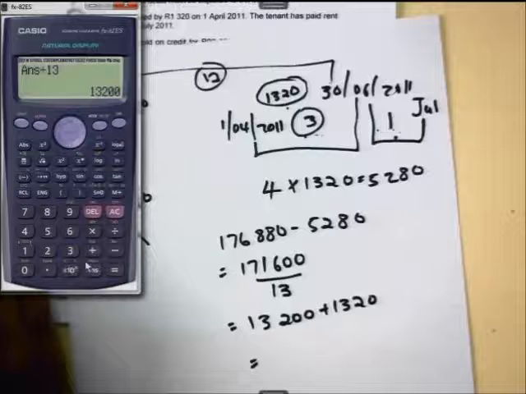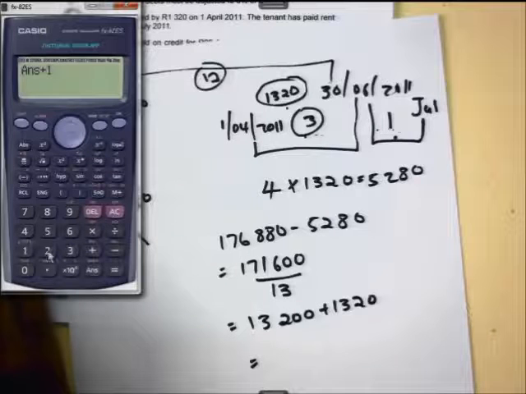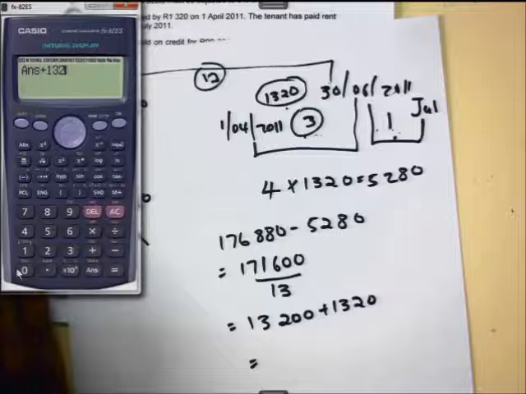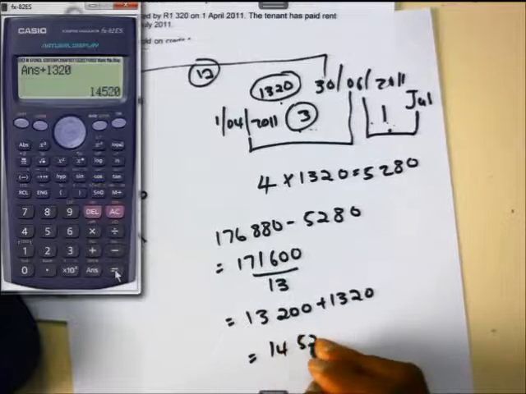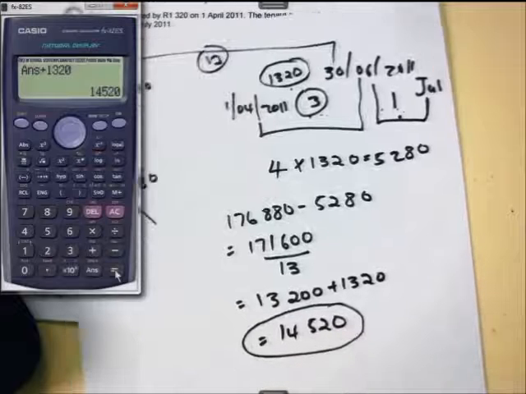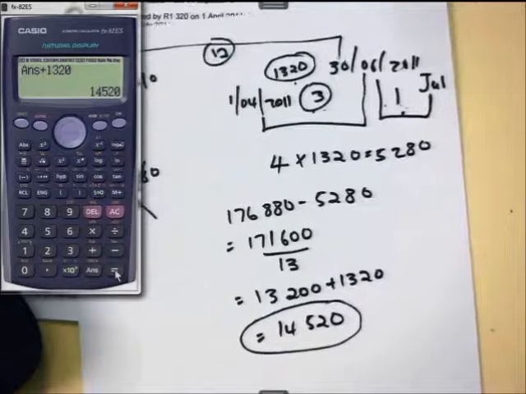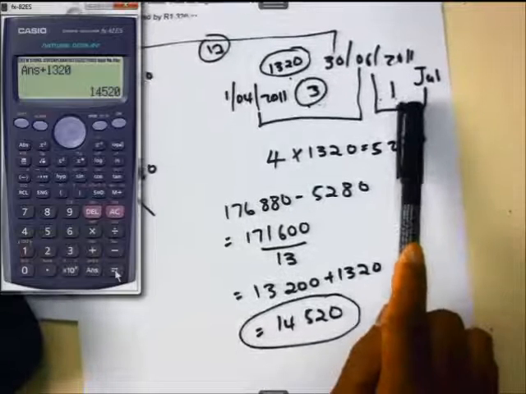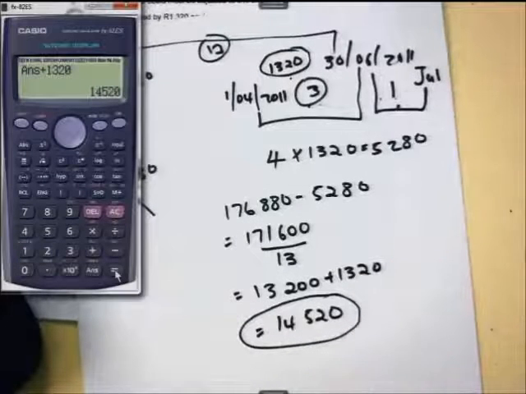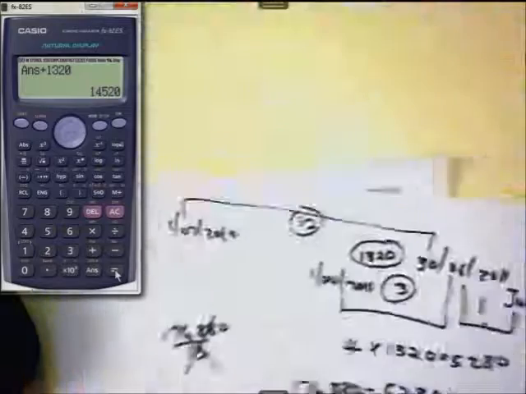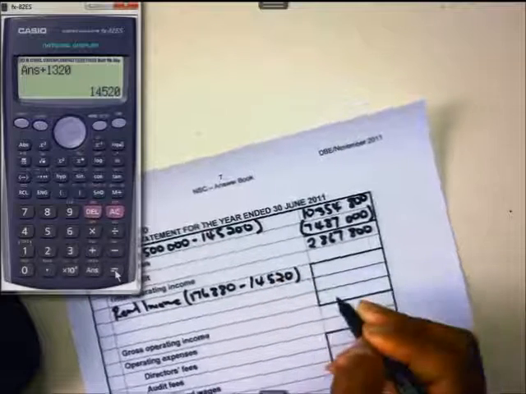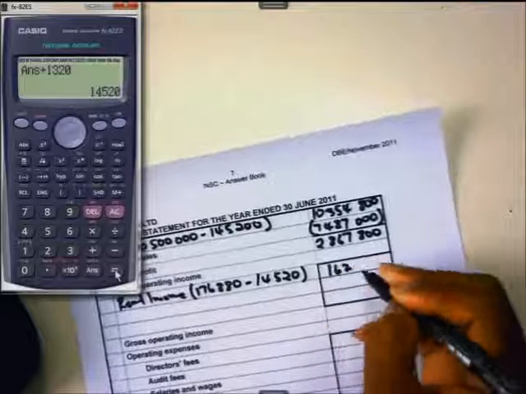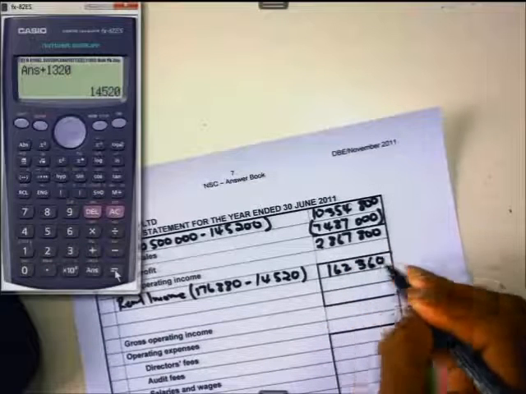So we'll add 1,320, and it will give us 14,520. So 14,520 is the rent per month after the increase, and only 1 month was received in advance. If it's received in advance, it becomes income received in advance, and we must subtract. So there we'll subtract 14,520 to get our rent as 162,360. So we are done with that.